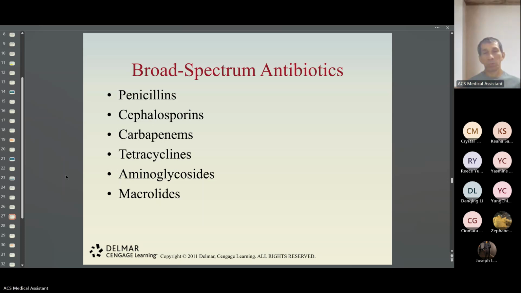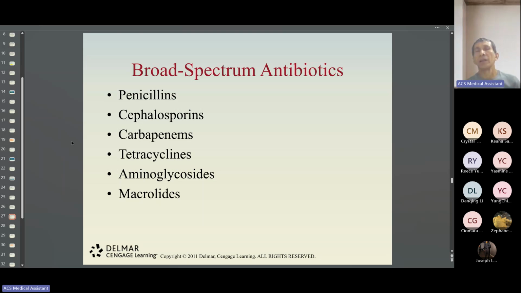Carbapenems, don't worry about that. Tetracyclines, another one, the medication that we can use if you are allergic to penicillin. Aminoglycosides, that's another antibiotic, but it causes problems with vision, hearing problems. Macrolides.